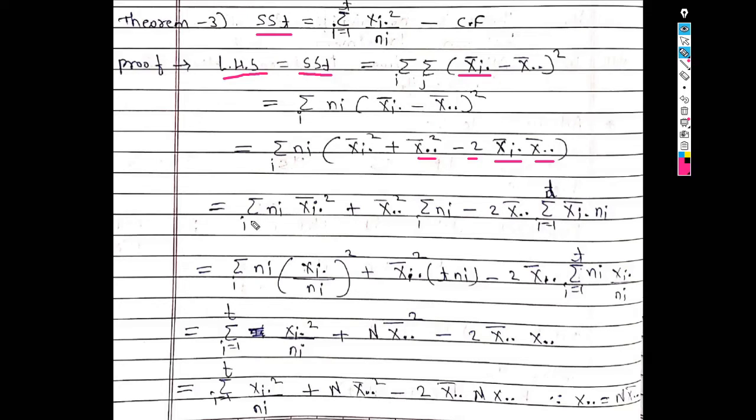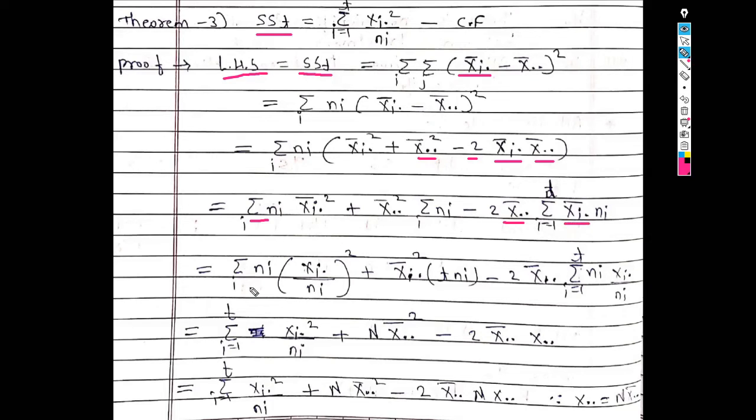So we get summation ni into xi dot bar square plus, now x dot dot bar is a constant term, so take it outside the summation sign. So x dot dot bar square summation over i ni minus 2 times x dot dot bar into summation over i ni xi dot bar.